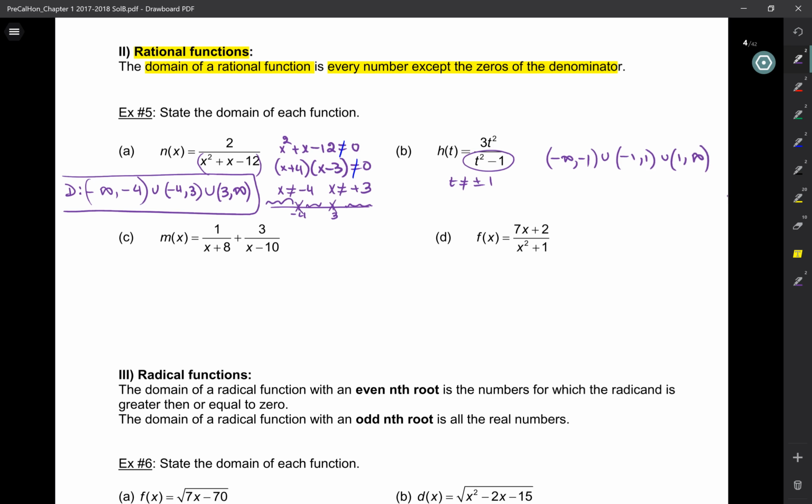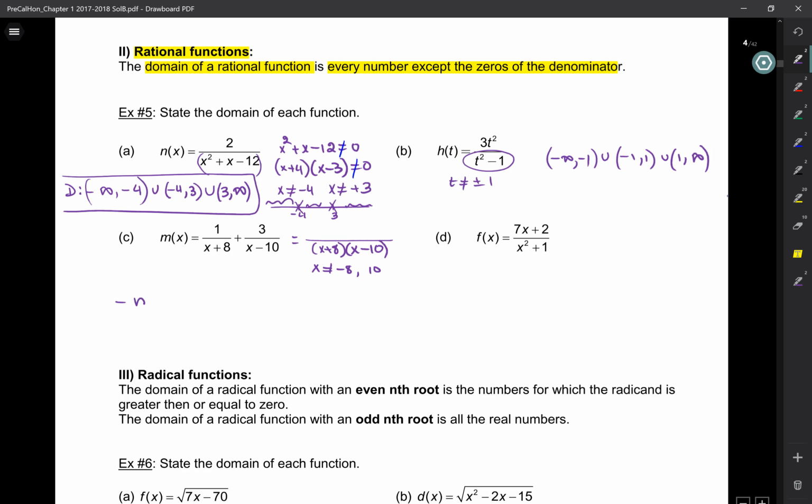Okay. What about here? If we had to do a common denominator here, it would be x plus 8, x minus 10, right? So x cannot be negative 8 or positive 10.